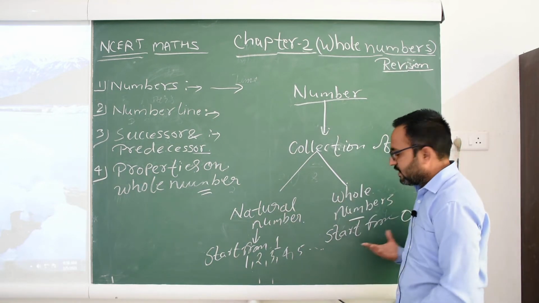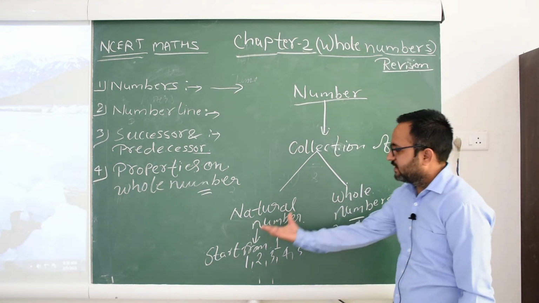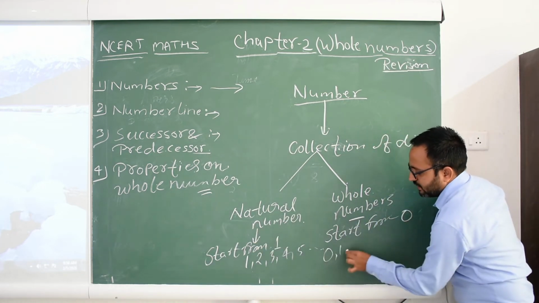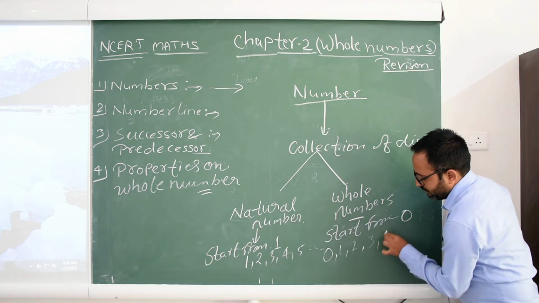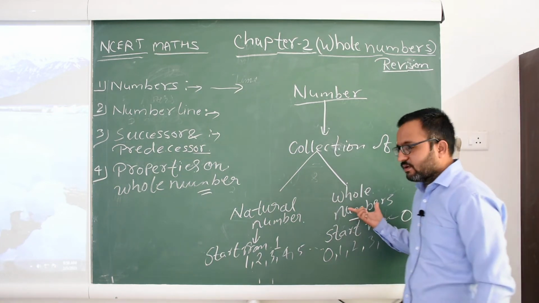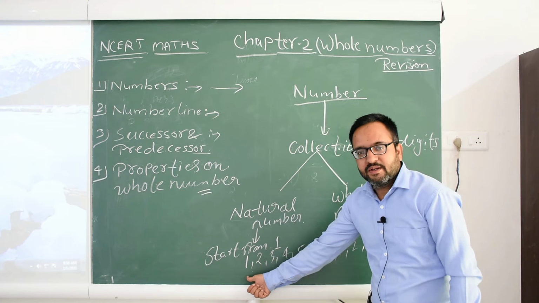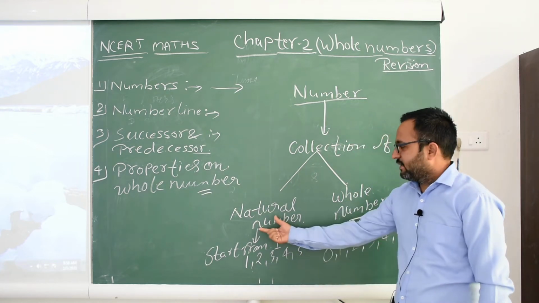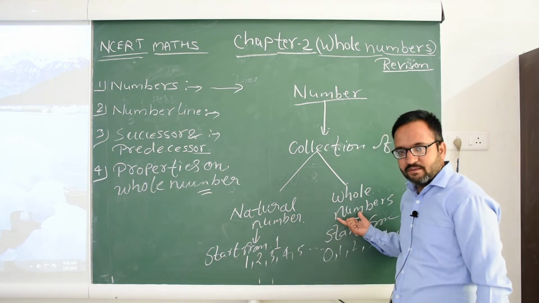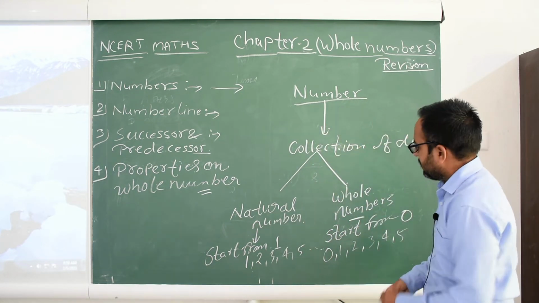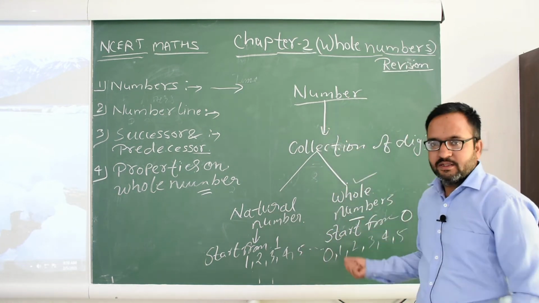We include 0 along with the natural numbers, that means 0, 1, 2, 3, 4 and 5. Whole numbers start from 0 but natural numbers start from 1. This is the major difference between natural numbers and whole numbers. In this chapter we discuss only whole numbers.